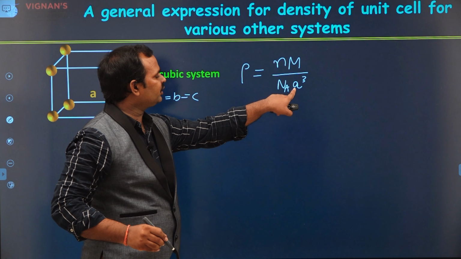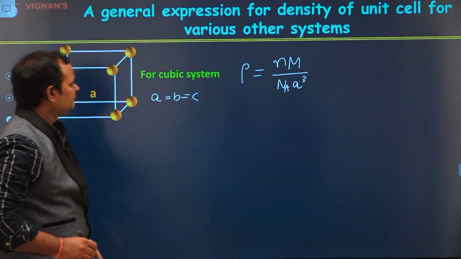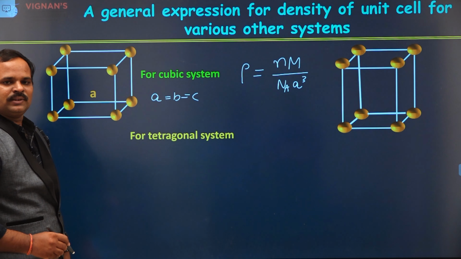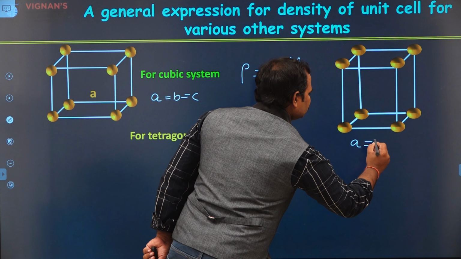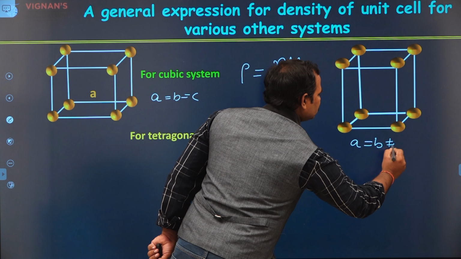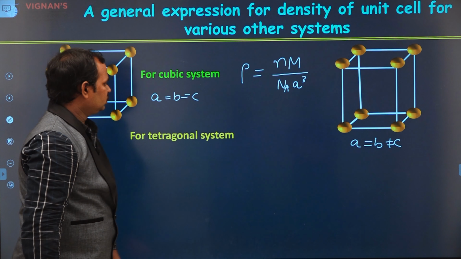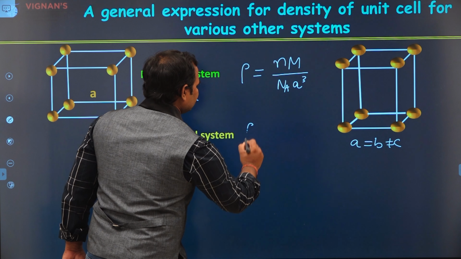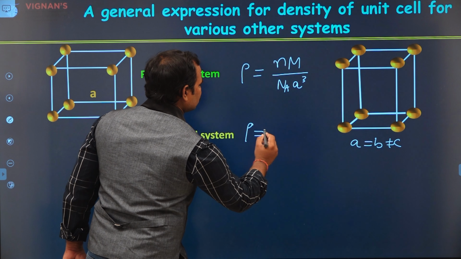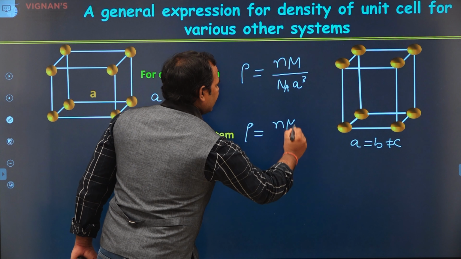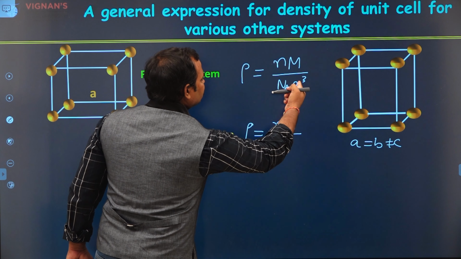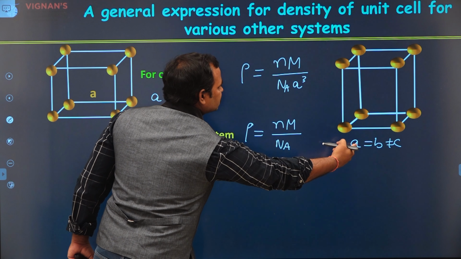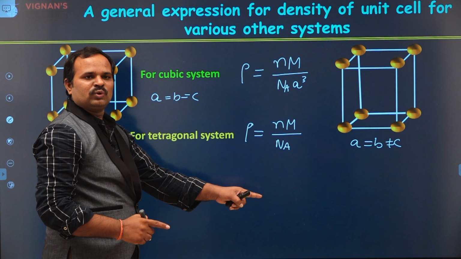So the volume of the unit cell is a cube. For a tetragonal system, we know that a is equal to b but not equal to c. So we can write the density rho is equal to nM by Na into the volume of the unit cell. So now for the tetragonal system, a is equal to b but not equal to c.